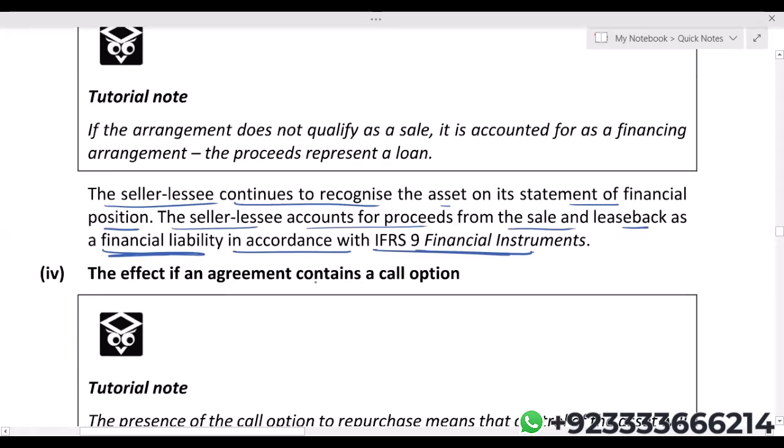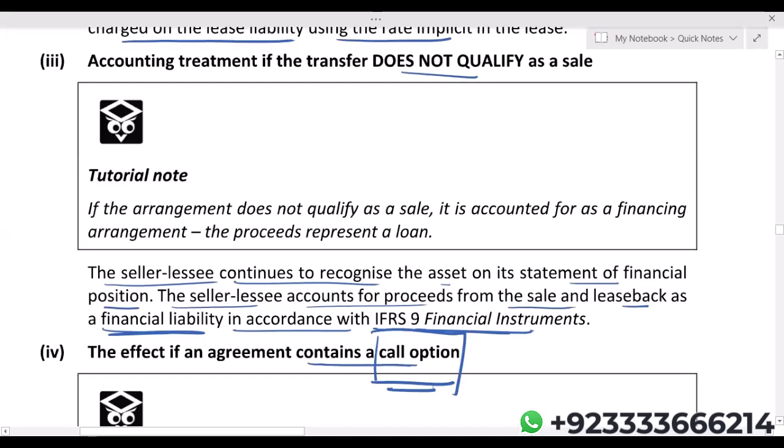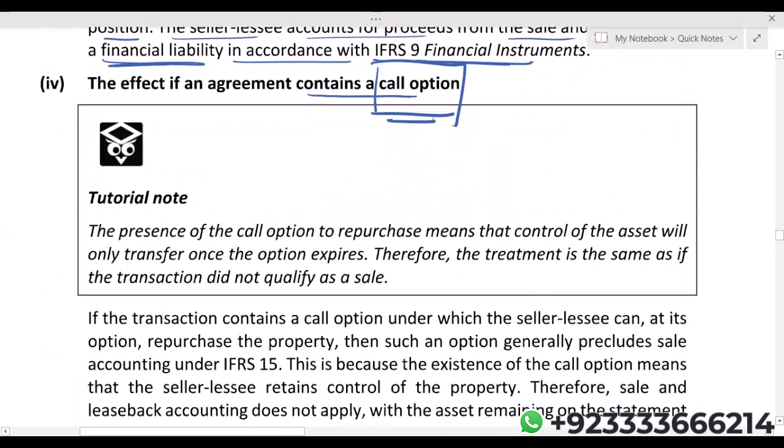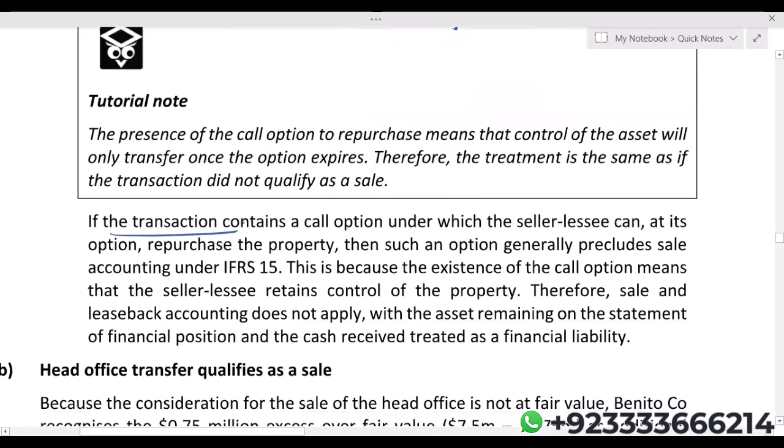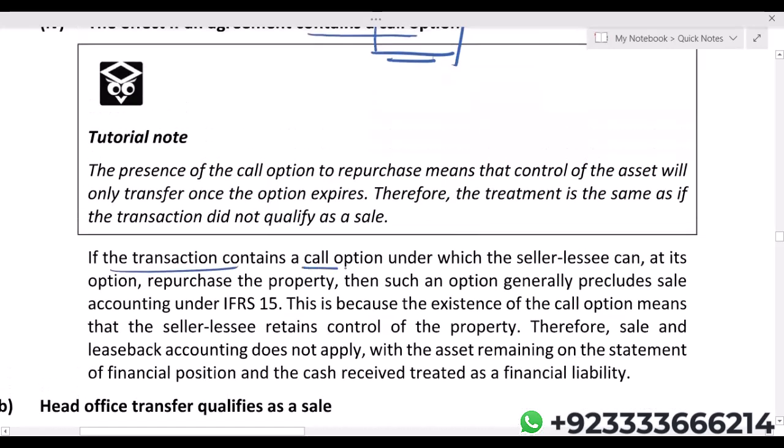The effect of an agreement containing a call option: I think we have already decided that when there's a call option, the accounting will be exactly the same as the accounting treatment if the transfer does not qualify as a sale. If the transaction contains a call option under which the seller lessee can at its option repurchase the property, then such an option generally precludes sale accounting under IFRS 15.